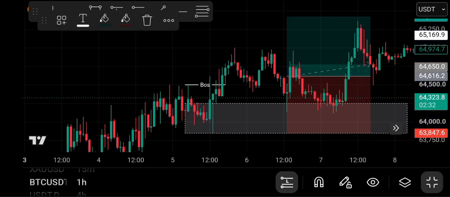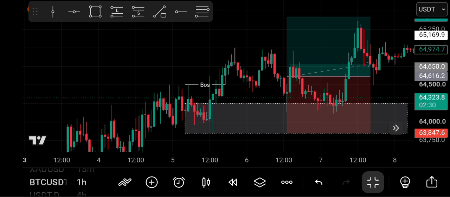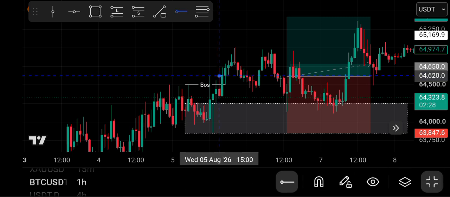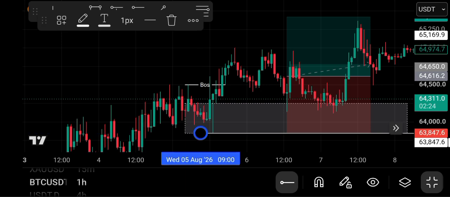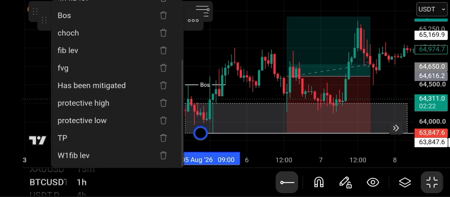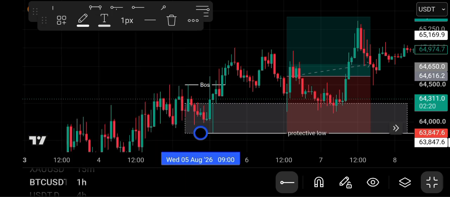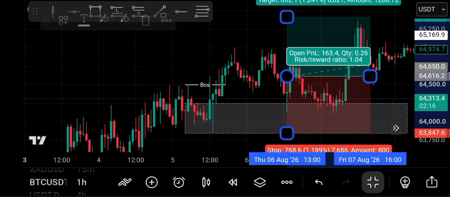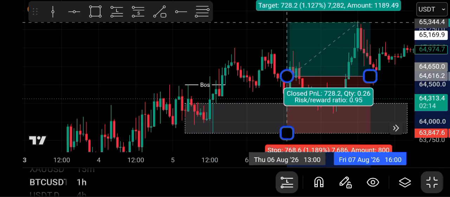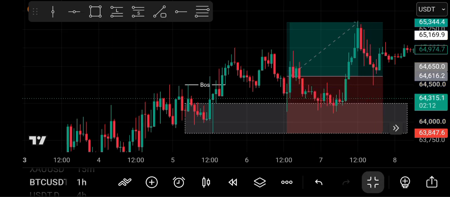Okay, you see what I'm showing you? This is your protective low. The whole break of structure area should be your mapped protective low. All right, so if your stop loss is at your protective low, you have a greater chance of seeing price play out nicely if you're able to trail it properly.